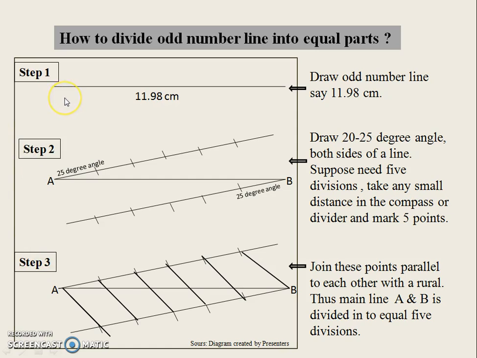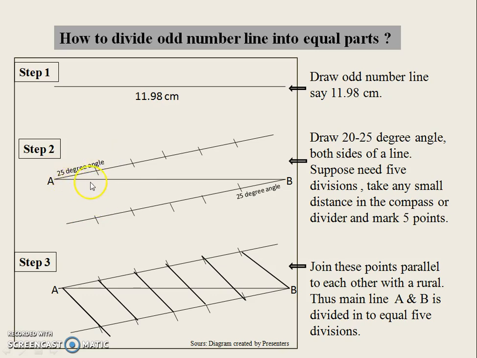As per the calculations, suppose length of line is odd, say 11.98 cm. Draw a line as per the step 1. Now, as per the step 2, take same angle both sides of the line. Angle should not be more than 20, 25 or 30 degree.